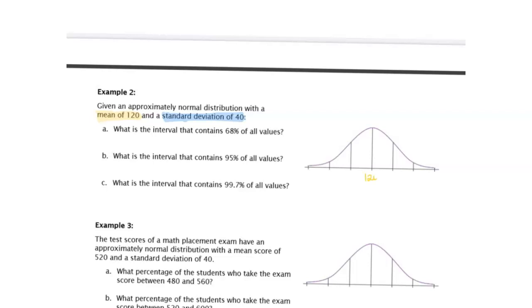It's 120. Our standard deviation is 40, so going to the right, we're going to be adding 40. So we'll be at 160. Add another 40, we'll have 200. Add 40 again, we'll be at 240. Okay, going the backwards way, we're taking 120 and subtracting 40. We'll land at 80.